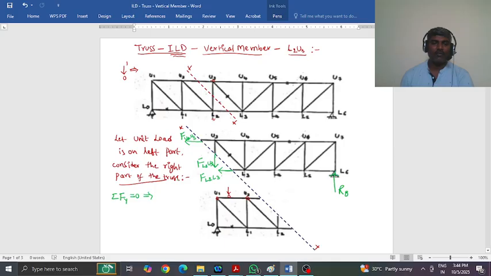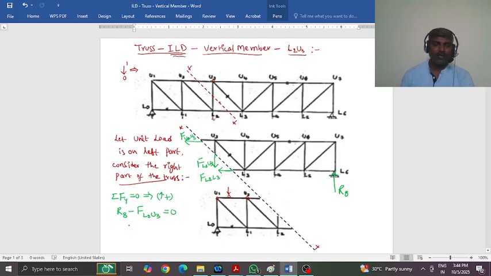What are all the vertical forces you have? One is Rb, which is upward. Let us consider upward force as positive. So I get Rb, upward force positive, minus the downward force FL2U3, equal to 0. This is the equation that you get.